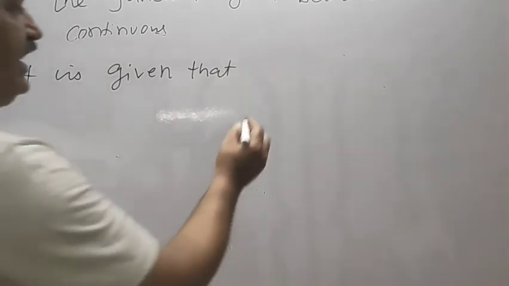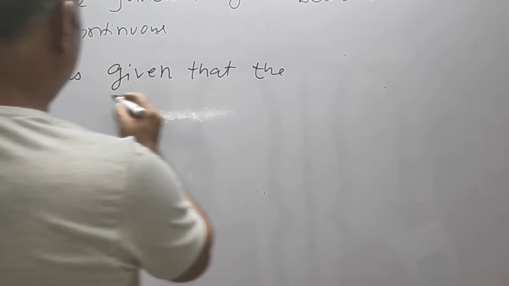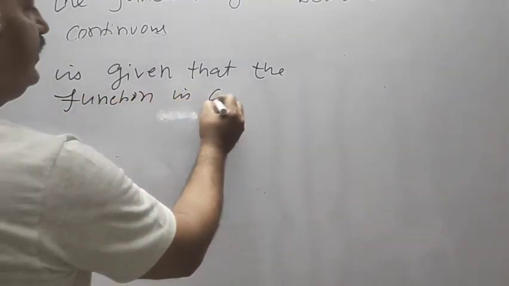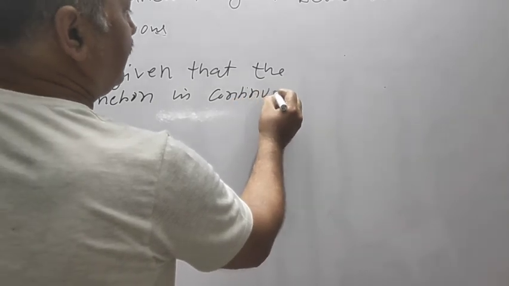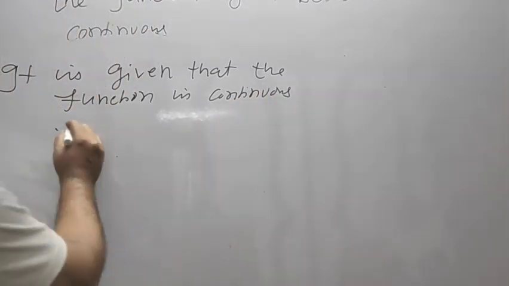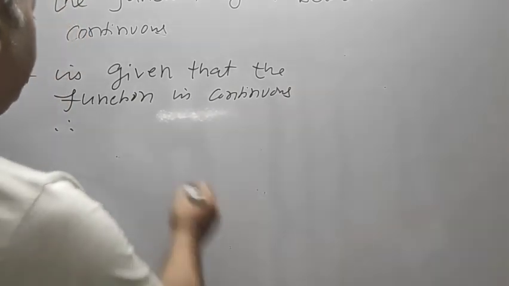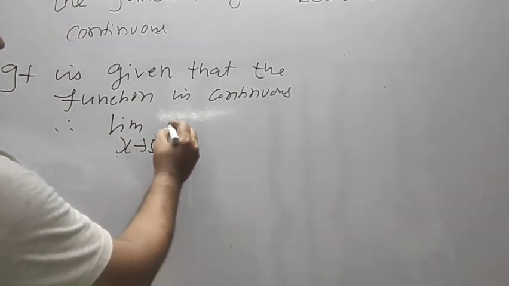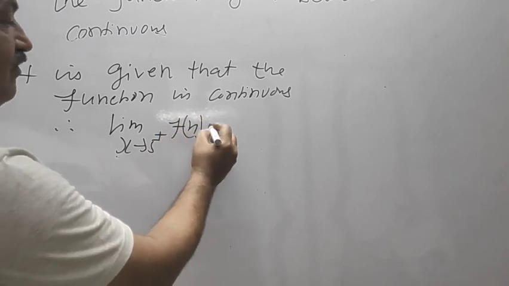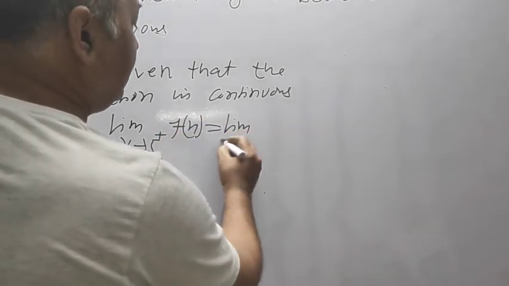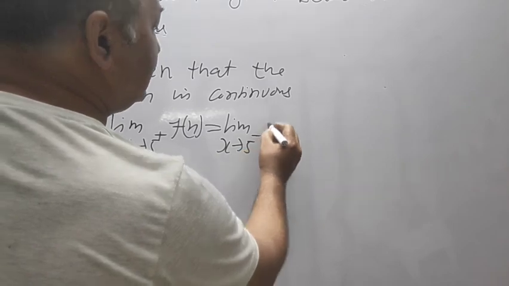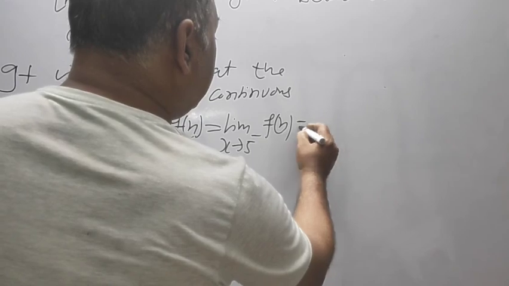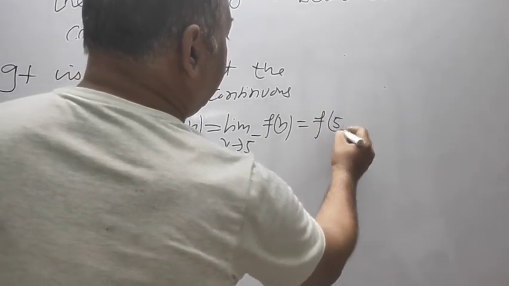Now it is given that the function is continuous. Therefore, limit of x approaches to 5 plus f of x must be equal to limit of x approaches to 5 minus f of x, and also is equal to value of the function at 5.